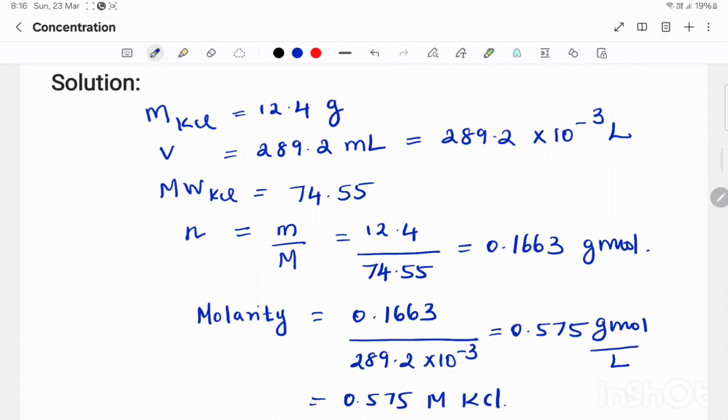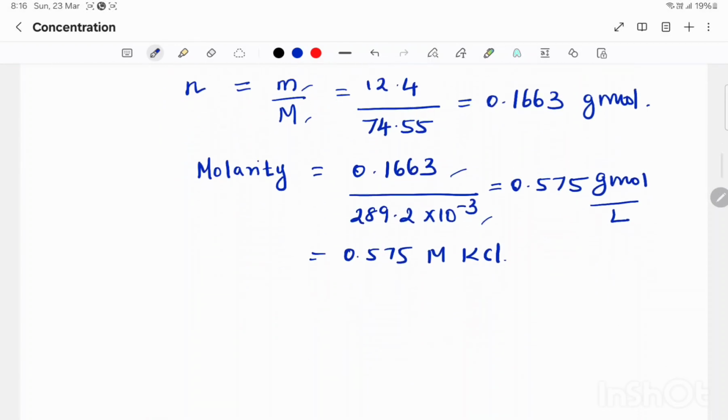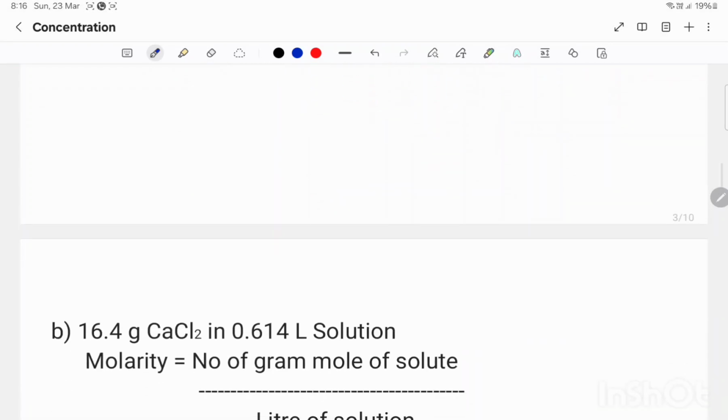So in this problem, mass of the KCl is given, volume is given. We have converted the milliliter into liter, and then first we have calculated the number of moles by using the formula mass by molecular weight, and then we substituted in the molarity formula, number of moles by volume, which will give you the molarity. So now let us do the next problem.